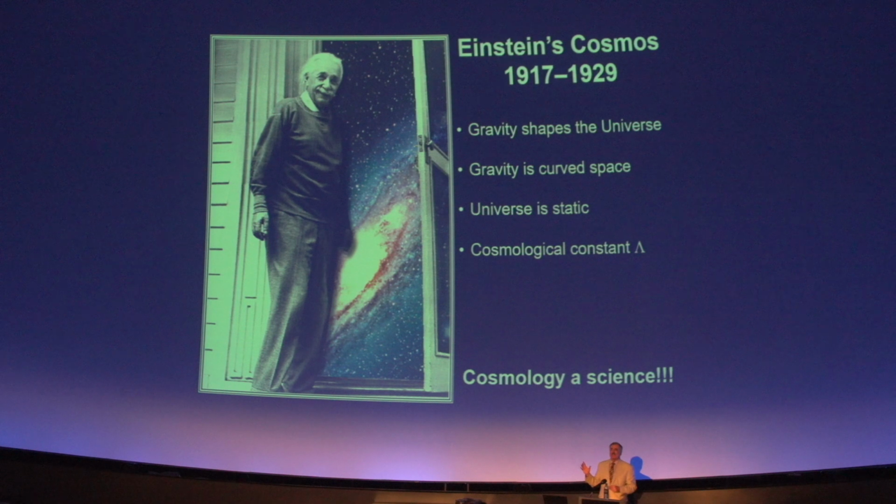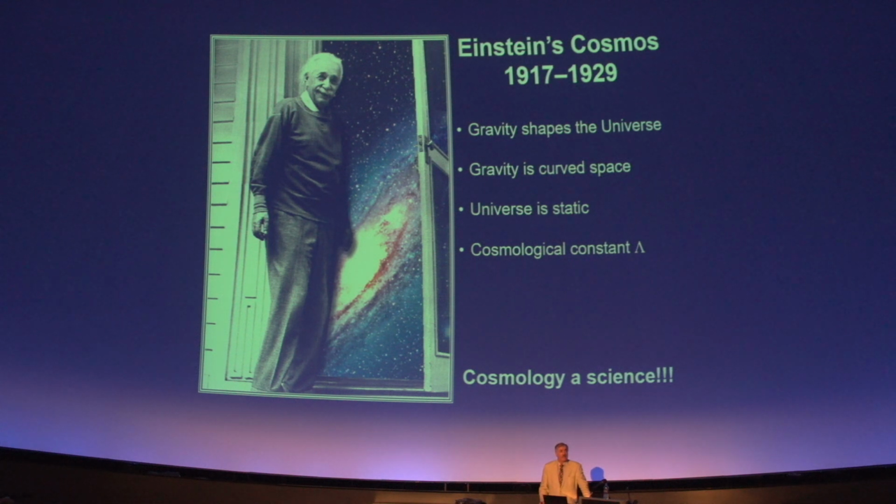So in 1917, this was the standard picture of the universe. Now, I think that only here, at this point, did cosmology actually become a science. Perhaps the hallmark of science is that the theories of the greatest scientists, the ideas of the greatest thinkers, can be falsified.